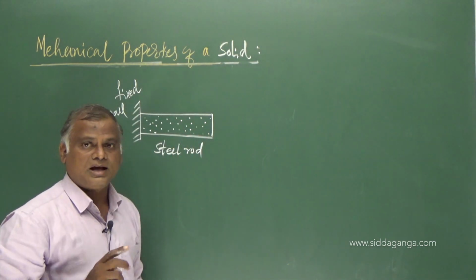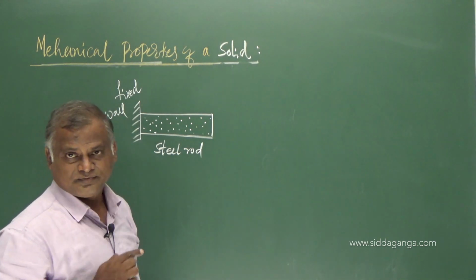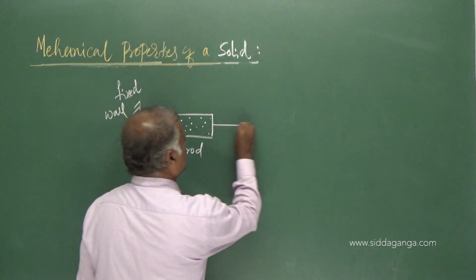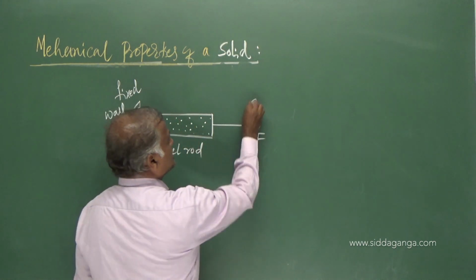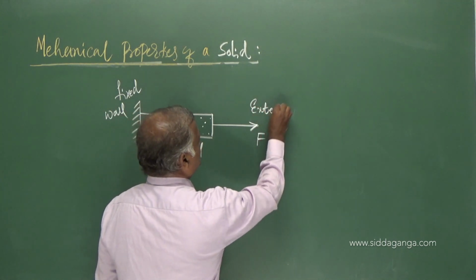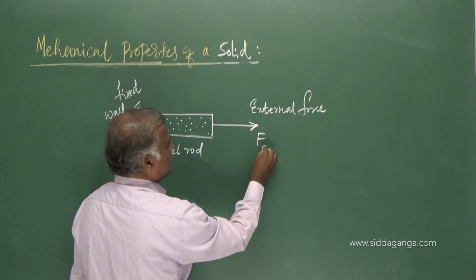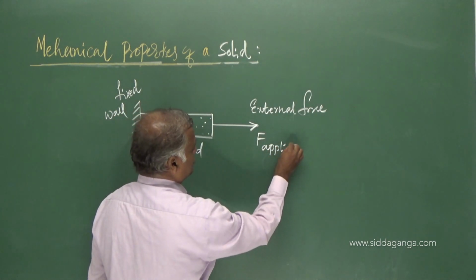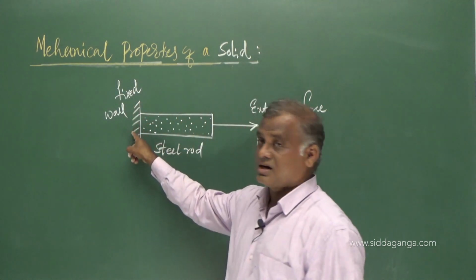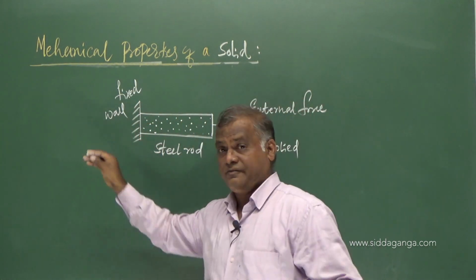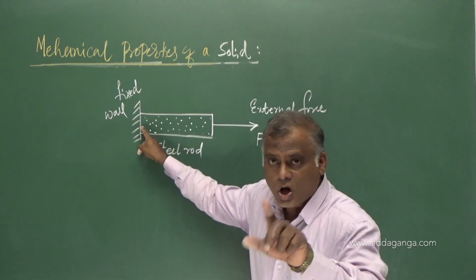Suppose by some machine, by some external means, you apply some external force, which we call the applied force. One end of the rod is rigid, fixed to the wall.